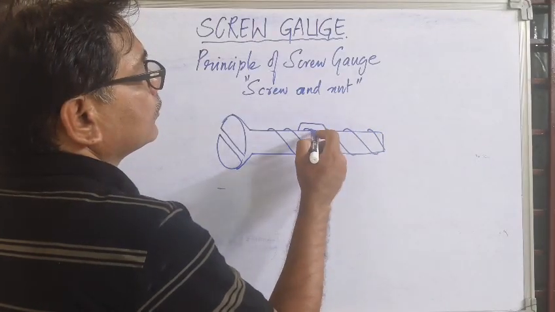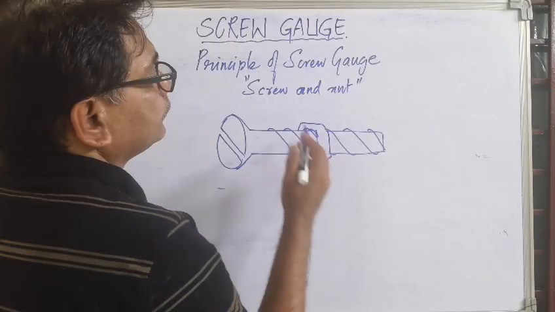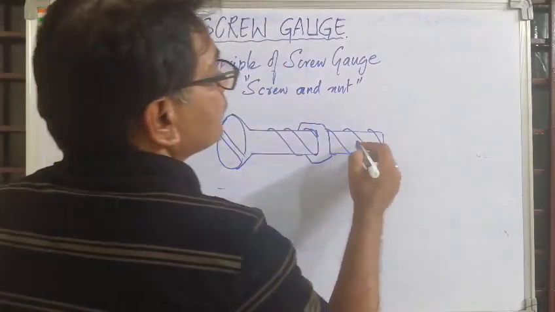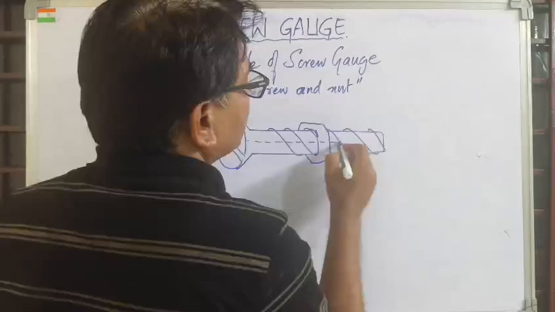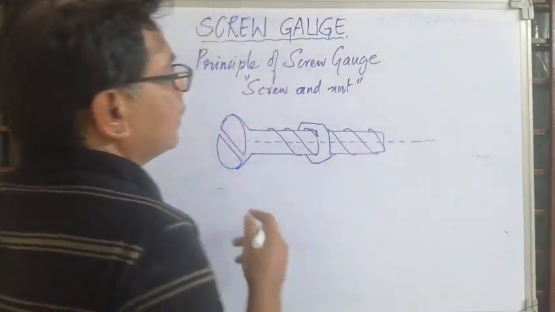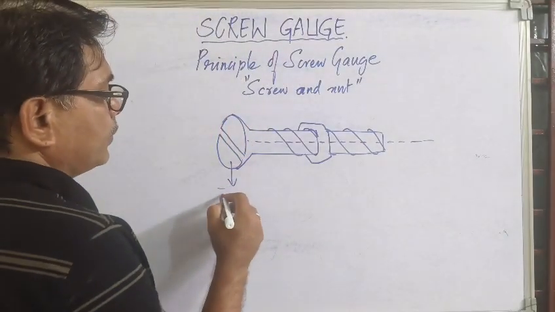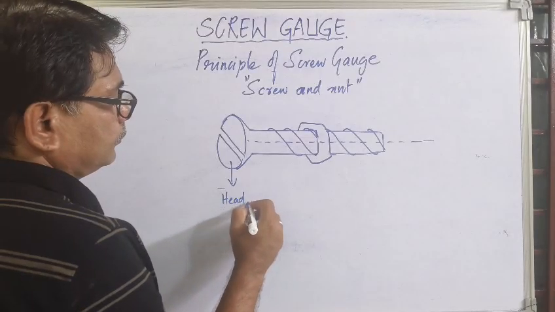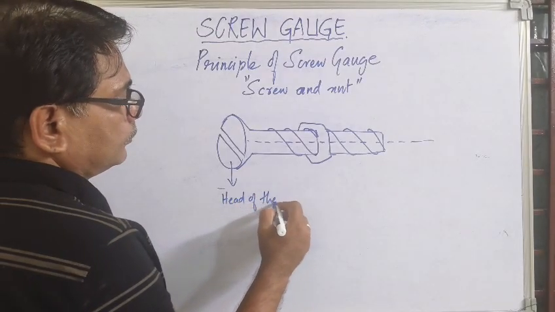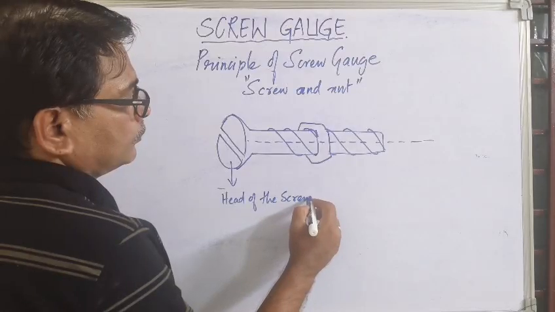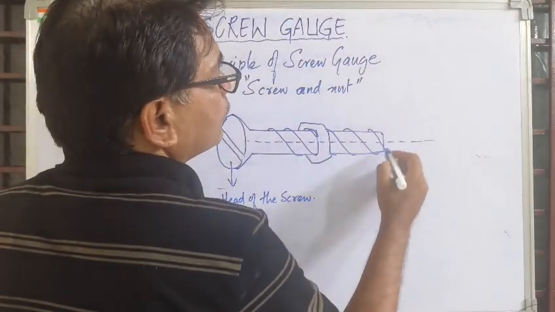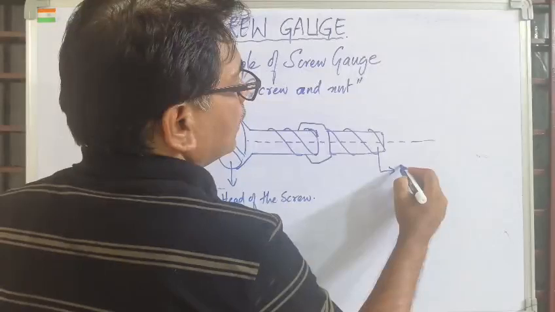So nut. This is axial line. Let us draw one axial line. This is called head of the screw. This is called tip of the screw, or even you can call it as tail of the screw.